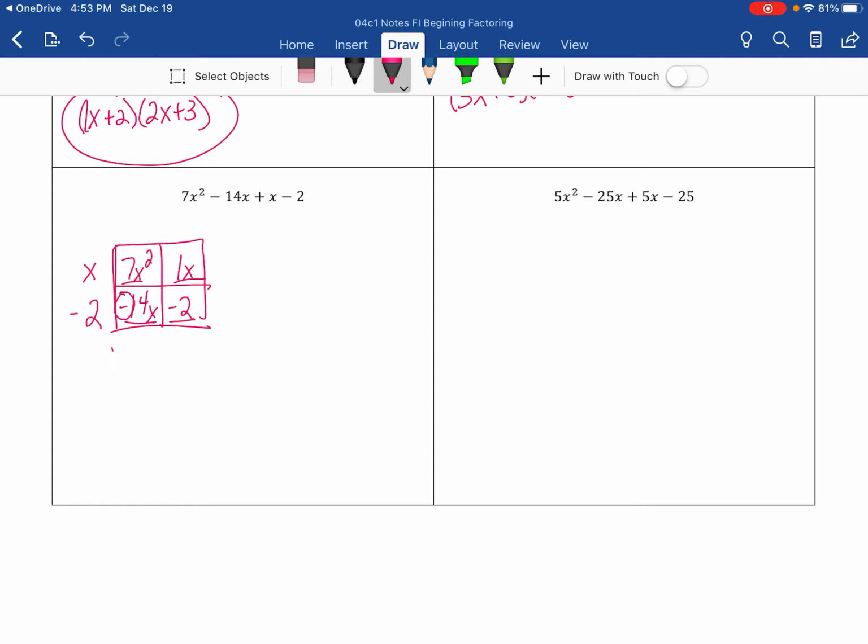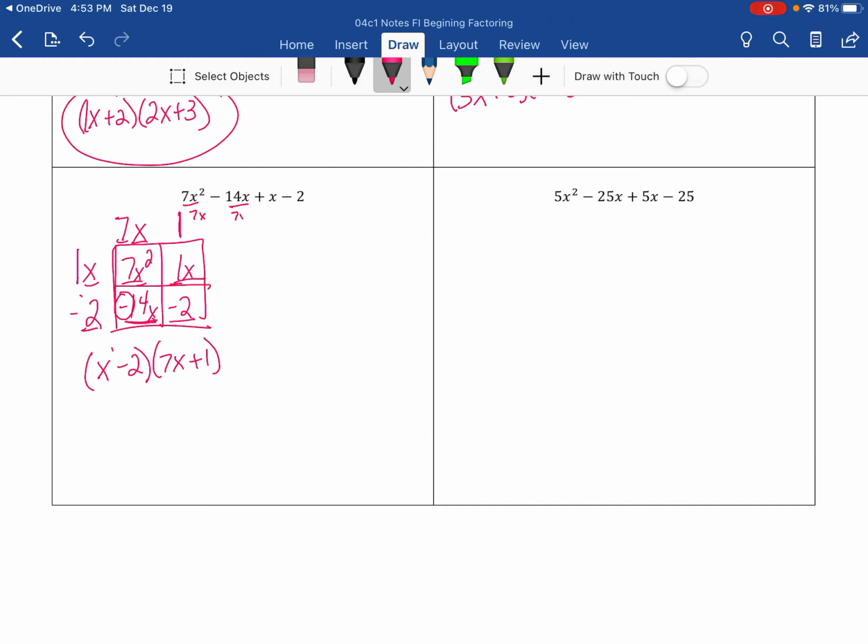So when you find the greatest common factor on this side right here, x times, well, this is 1x times 7, and x times x is x squared. I know I did that right because negative 2 times 7 is negative 14. All right, 1x times, well, just 1 is 1, and I don't need any more x's. And so my factored form is going to be x minus 2 times 7x plus 1.